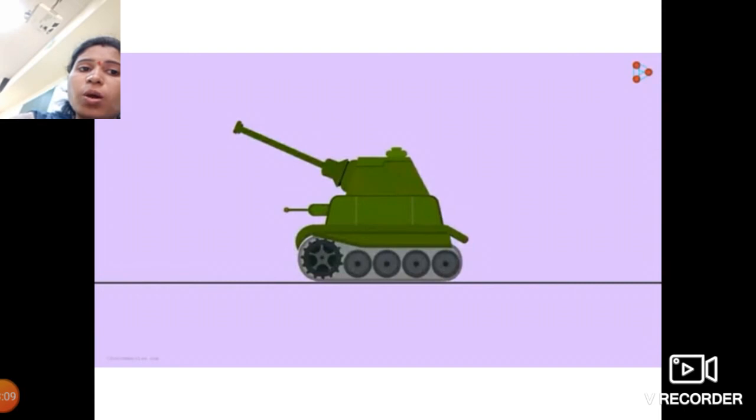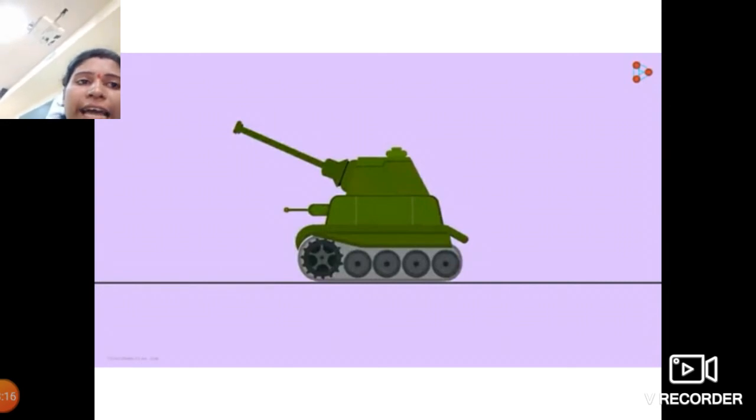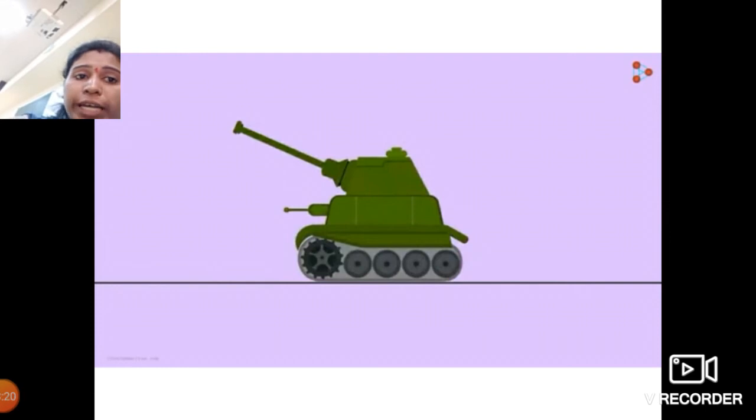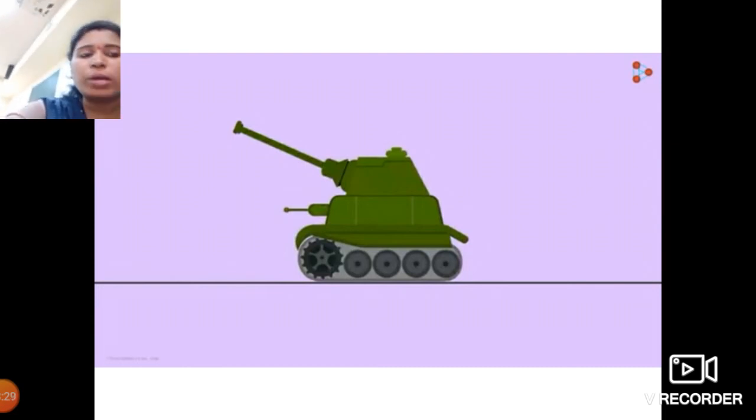However, the tracks have a much larger area of contact with the ground, and hence the pressure on the ground is reduced to a greater extent. If the area is small, what will happen? The pressure will be more.